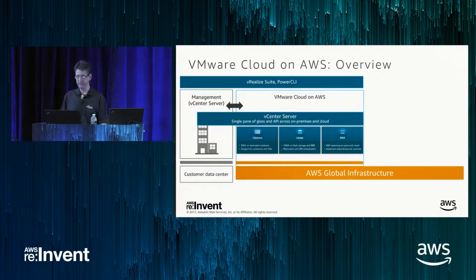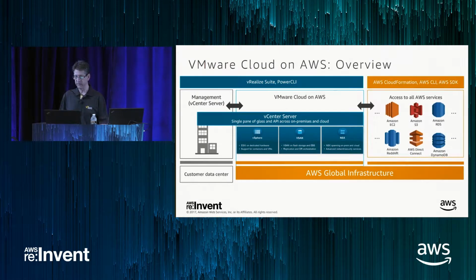Now, if we extend to the AWS Global Infrastructure on the right, what we've done with VMware Cloud is we've attached VMware Cloud in our data centers to the traditional services that you think of on Amazon Web Services, so EC2, S3, Dynamo, et cetera, et cetera. And what we've done is we provide a VPC.